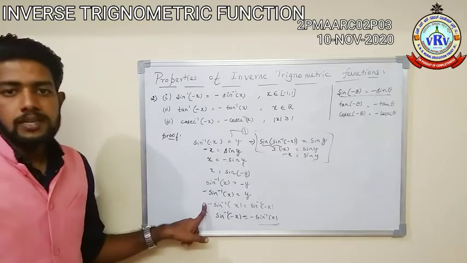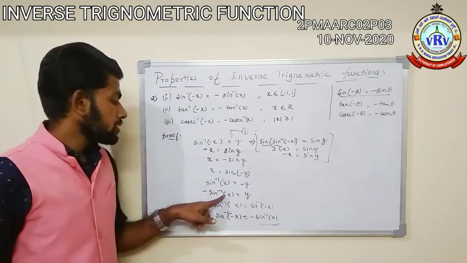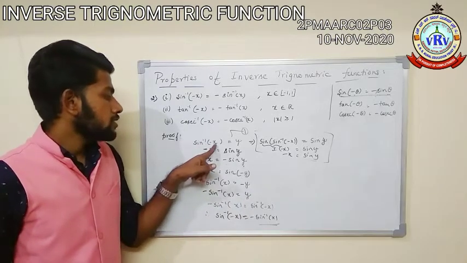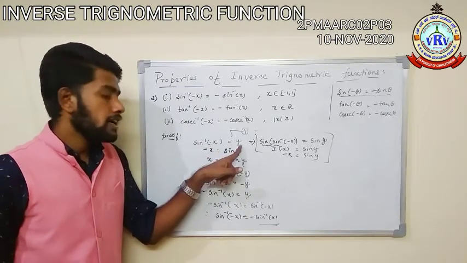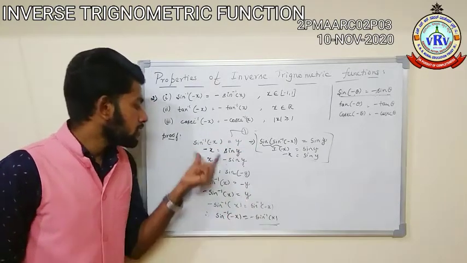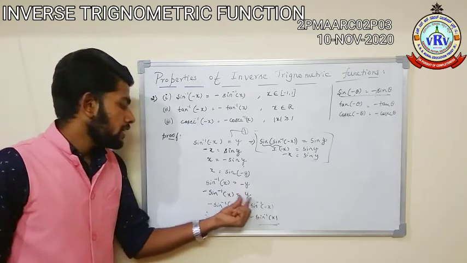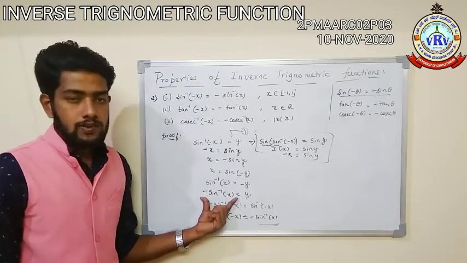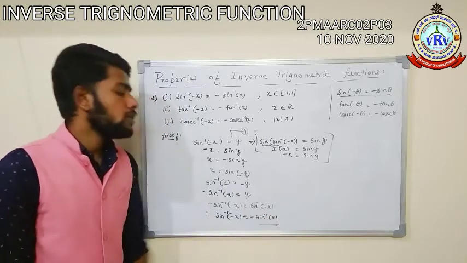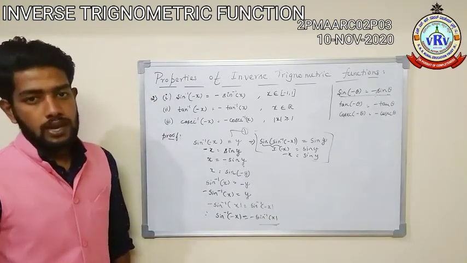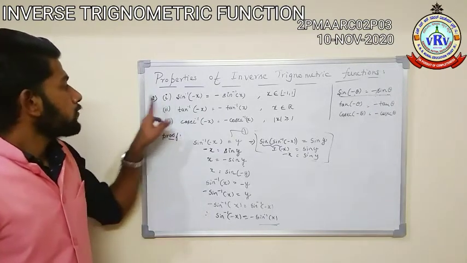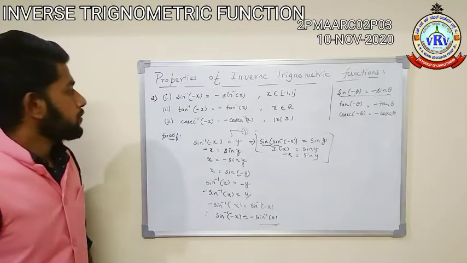Again I am shifting the negative sign to the other side, minus sine inverse of x is equal to y. I am substituting y as sine inverse of minus x because we are considering sine inverse of minus x as y. So y is equal to sine inverse of minus x, and y is also equal to minus of sine inverse of x. Therefore, sine inverse of minus x is equal to minus of sine inverse of x. Clear? So this is a proof of the first part of the second property.